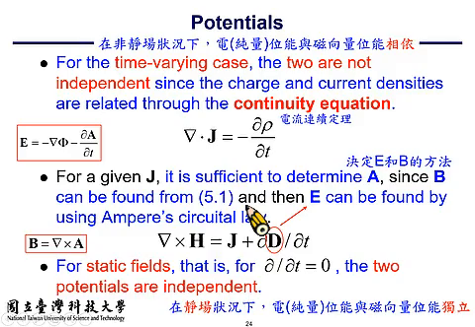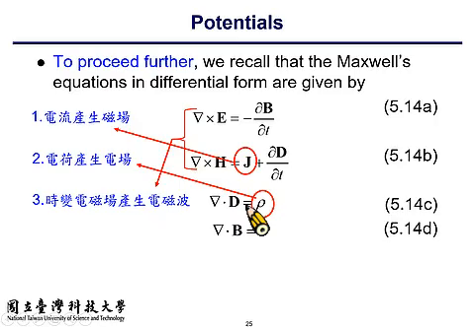On the other hand, for time variant cases, for non-static conditions, the electrical scalar potential and the magnetic vector potential are interdependent. They are coupled. They cannot be treated as separate quantities for time variant cases. To proceed further, let's record the Maxwell equations in differential form like this. As I already mentioned, the direct source for electrical field is electrical charge, and the direct source for magnetic field is current.